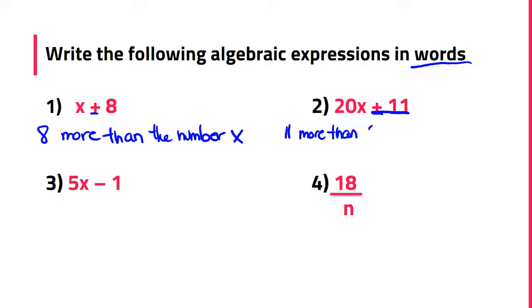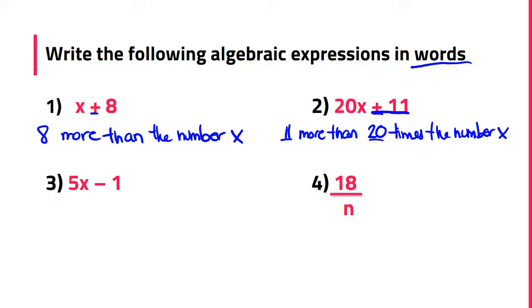So 11 more than 20 times the number x. Okay, so we can say the word times. I'm okay with that. And we have the number 20. You don't have to write out the words for the numbers. You can just write the digits. 11 more than 20 times the number x.